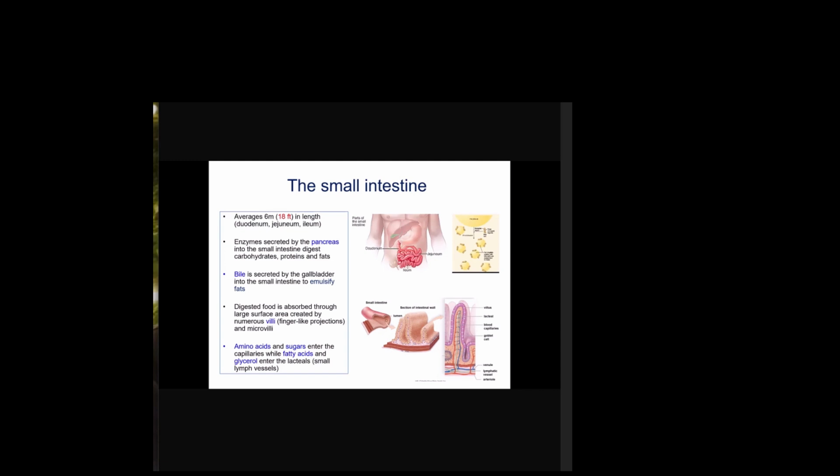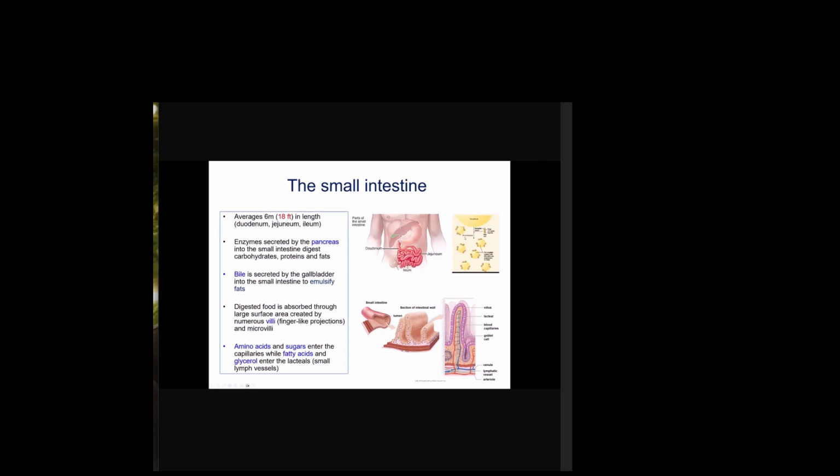We also know that bile is secreted from the gallbladder into the duodenum to make sure that if whatever we're eating had fats, it would break down this fat into smaller fat bubbles, called globules.